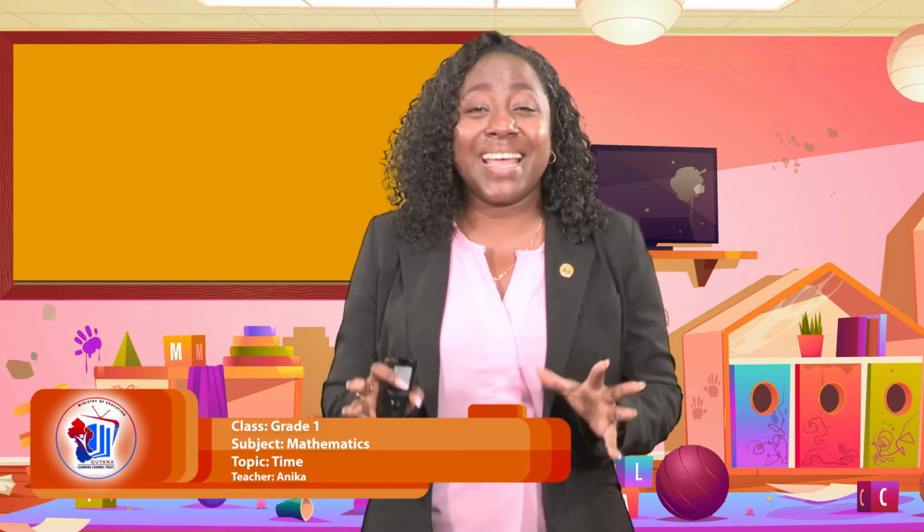You don't need to write, so sit, relax, look on the screen, and pay attention. If anything is making noise around you, shh, it needs to be quiet. You need to listen to me carefully and also look on the screen so you can answer the question that I'm about to ask.